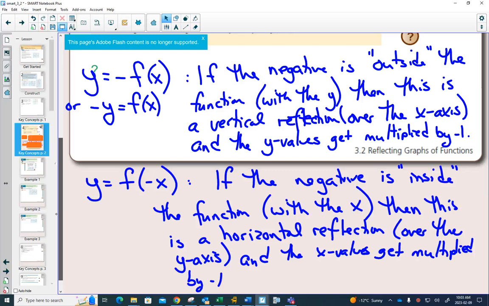Just like we saw above with the reflection of the red graph to the green graph. Oh, I can't remember the color. It would be a reflection over the y-axis. And algebraically, now your x-coordinate is going to get multiplied by a -1.